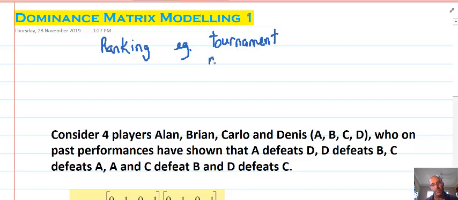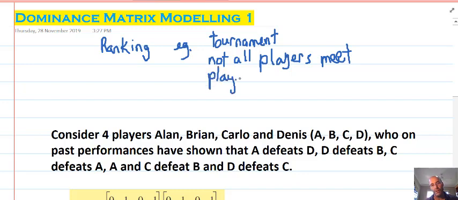Sometimes in tournaments it is possible that not all participants or players meet, and similarly players might not meet or play each other the same number of times as with other players.